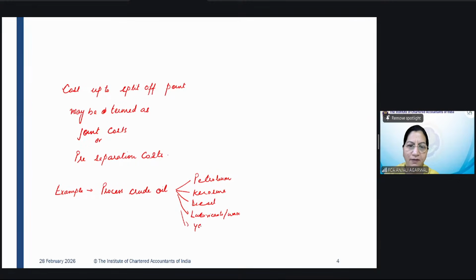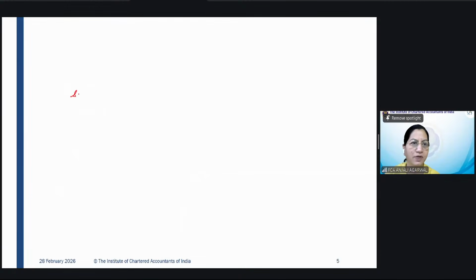These are different products, and all of them are important. So when crude oil is processed, you end up getting many main products and maybe one or two byproducts. Similarly, in the sugar industry, when you process sugarcane to produce sugar, the final product is sugar, and you also get molasses. So sugar is the main product, molasses becomes byproduct.